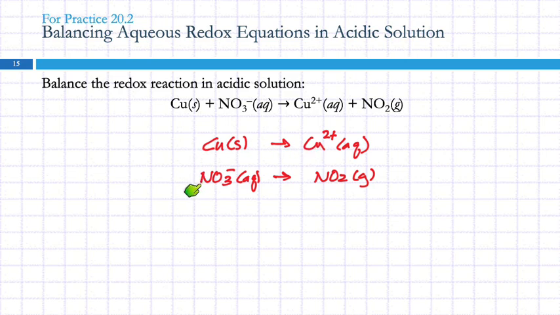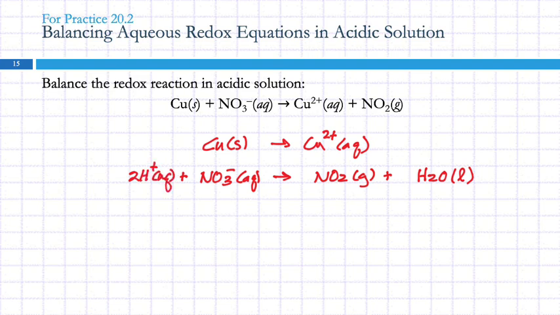The second one, balance everything but hydrogen and oxygen. So here I've got nitrogen and nitrogen, that's fine, but here I have 3 oxygens and 2 oxygens. So I need to add H2O over here, so I get 3 oxygens. That introduces hydrogen, so now I have to add H pluses. 2 H's here will give me 2 H plus over there.